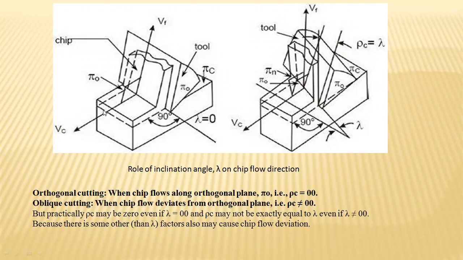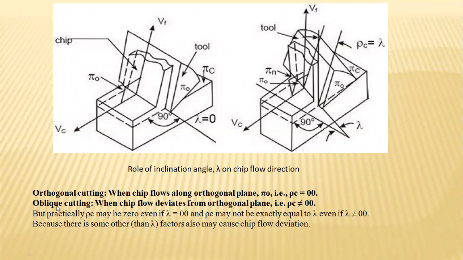First, if the 90 degrees has been framed up, the direction of these chips, which are elevated in the form of small minute chips, will deviate by its rake angle.